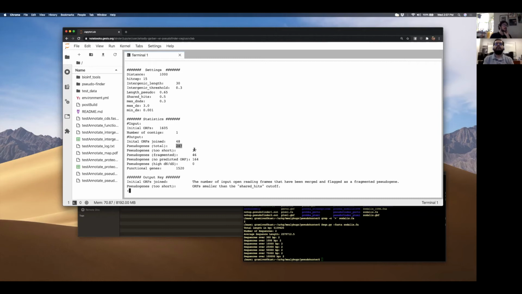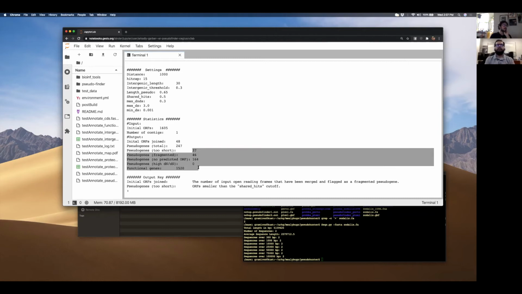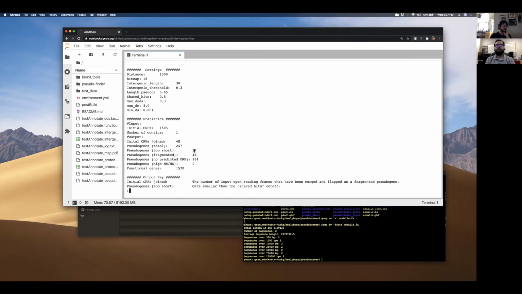And we have a breakdown of what the pseudogenes are. Essentially, we have 37 genes that are too short, 46 genes that have been fragmented, and 164 that have been predicted to be within intergenic regions.